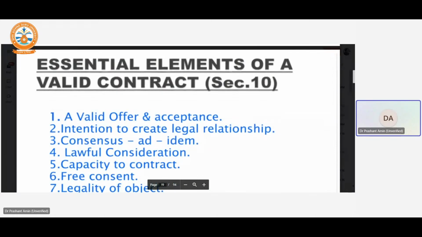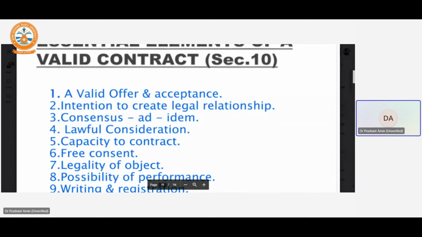What are the essential elements of a valid contract? That is described in section number 10. There has to be a valid offer and acceptance. I can't sell the moon to you, which is not a valid offer. You can understand by this example that the offer has to be valid, right?